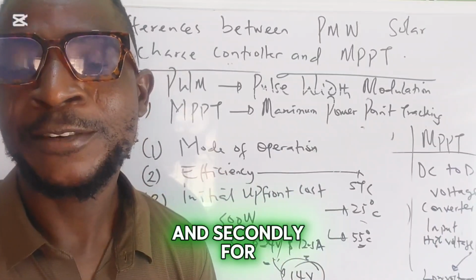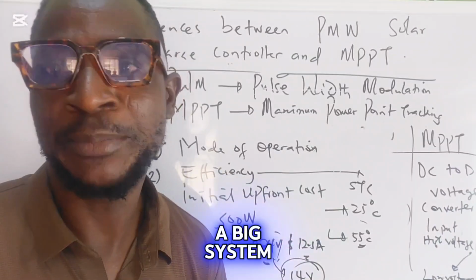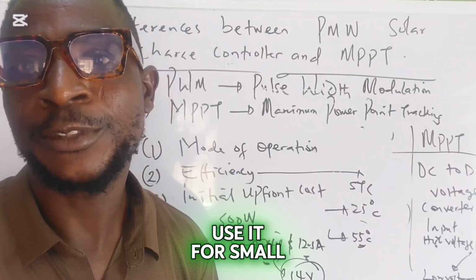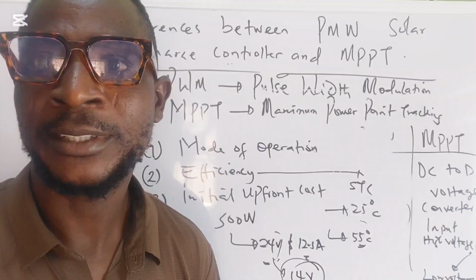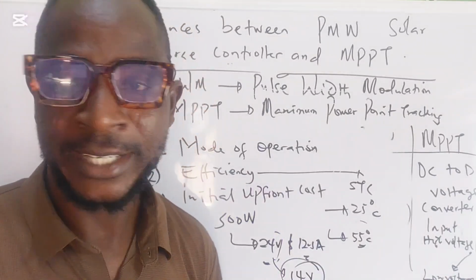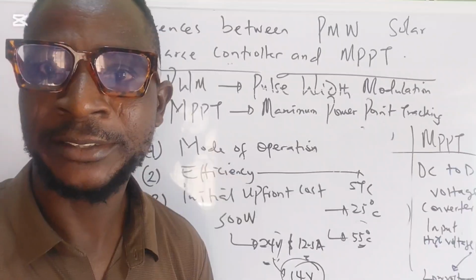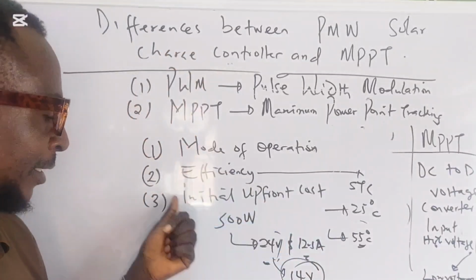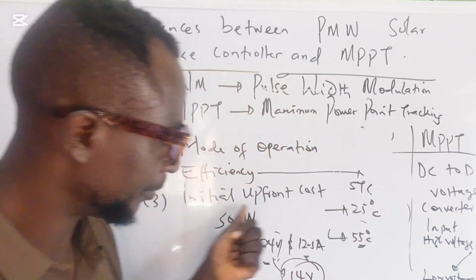And secondly, for big systems, it's not advisable. You use it for small systems. And if you don't have enough budget, these are the three conditions that will warrant the usage of this.